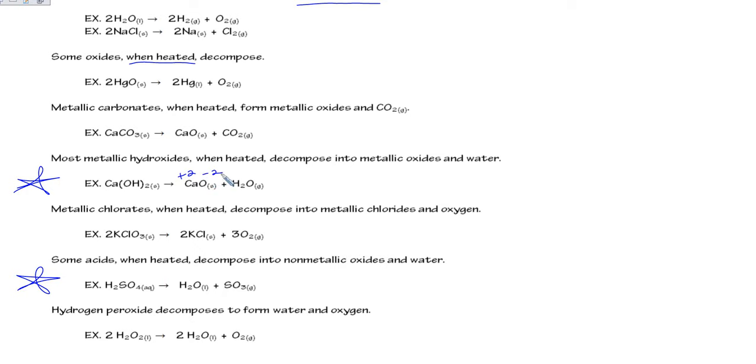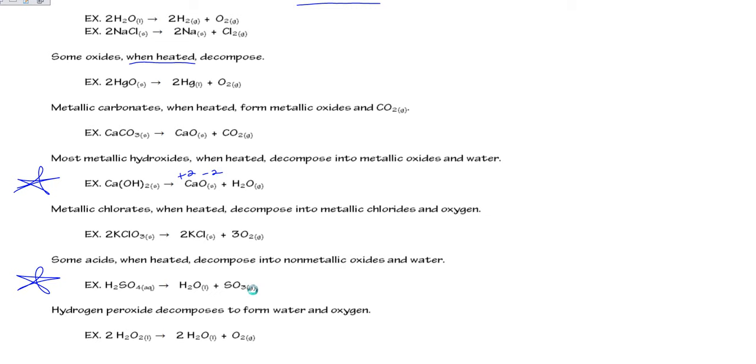The non-metal oxides are formed when you heat the acidic solution. So if you heat sulfuric acid, you'll form water and a non-metal oxide. Or if you heat carbonic acid, you'll form water and carbon dioxide. These are a little harder to predict the formulas. Like, how do I know? Is this SO3?